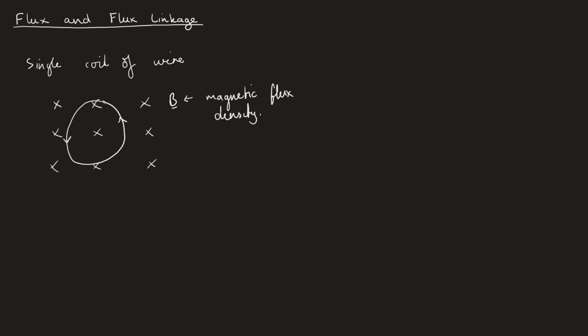So the magnetic flux density, we would assume, is going to be over some sort of volume. But what we actually find is that it's more useful to have a linear density in this case. What we mean by a linear density is the amount of flux per unit area. So this is flux per area.